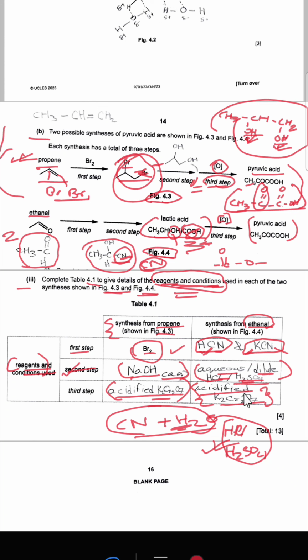Acidified K2Cr2O7 is needed for oxidation of alcohol to form a C=O group. So alcohol is oxidized to form a C=O group by reaction with an oxidizing agent in presence of K2Cr2O7.